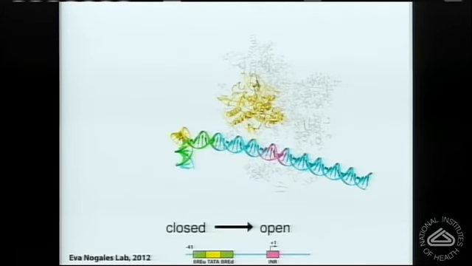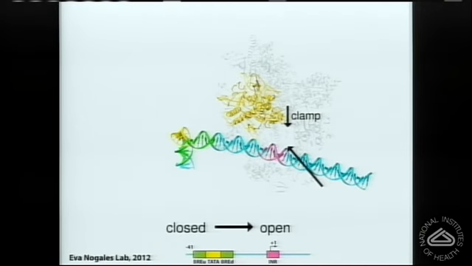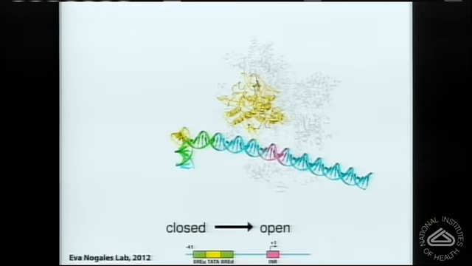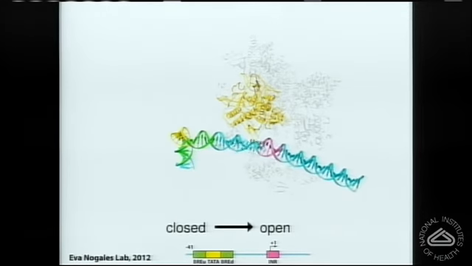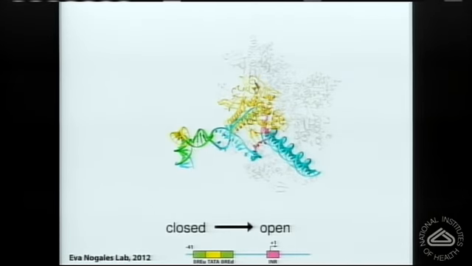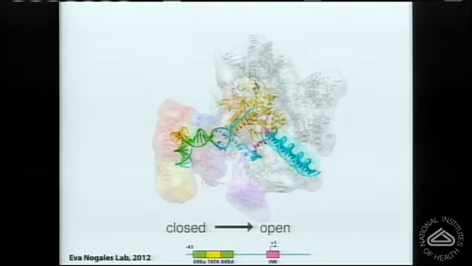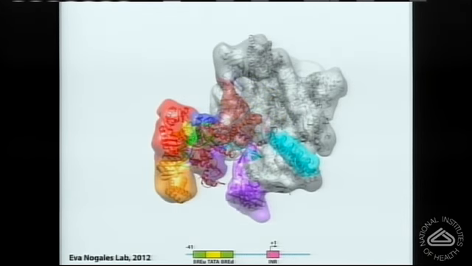And the one major change that we see in the protein is that the clamp domain, which had moved up to engage the double-stranded DNA, now comes down as the bubble is open and the DNA reaches the active site.